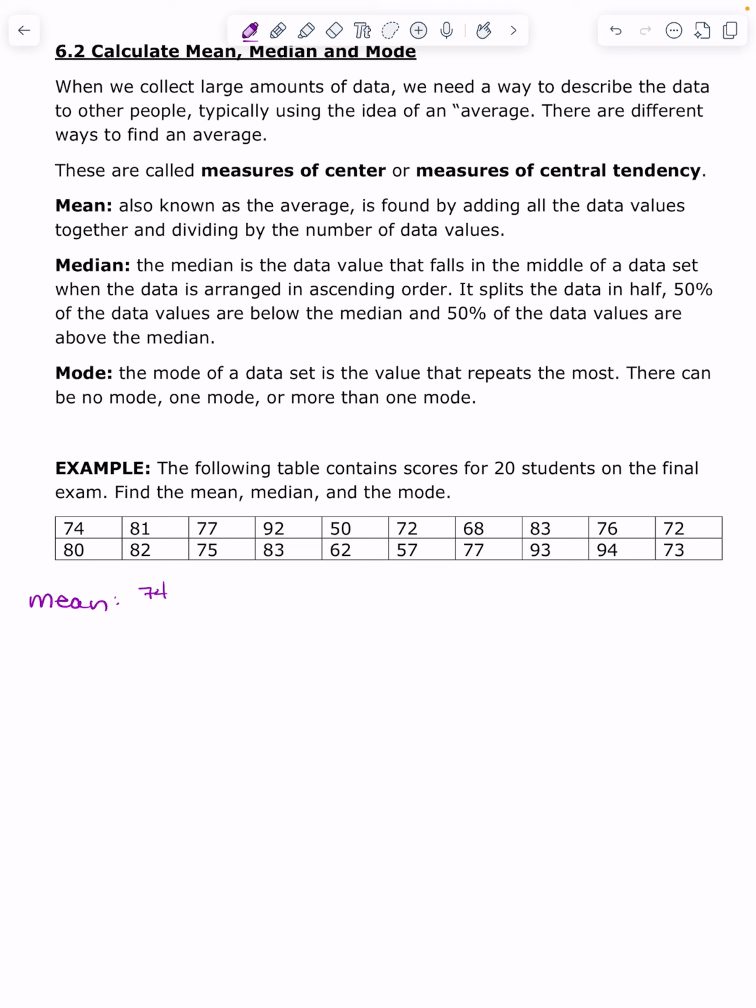I'm going to go 74, 80, plus 81, plus 82, plus blah, blah, blah, blah, till we get to the other end. 76 plus 94 plus 72 plus 73. And then we divide by the total number of values that we have.